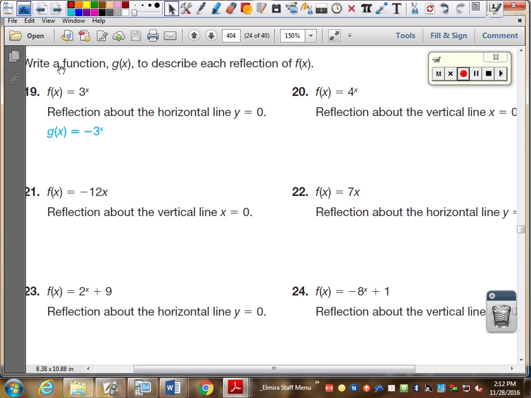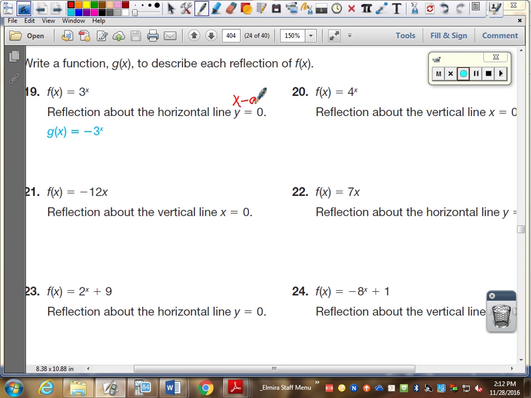All right, in our next section, it says write a function g of x based on the clue that they're giving you. So guys, you're either putting a negative sign in front of the entire function, or you are putting a negative sign in front of the x. You have to know which it is. Number 19 said reflection about the horizontal line y equals 0.